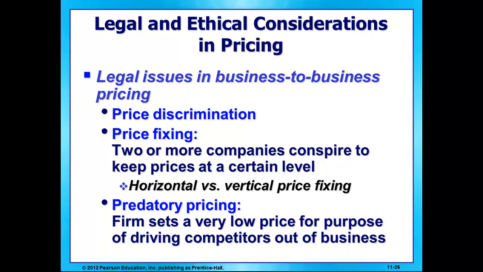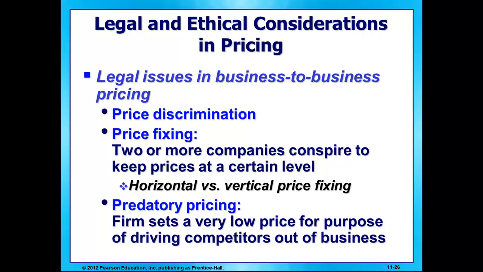Price fixing is another legal issue. There are two types of price fixing. Horizontal price fixing occurs when the price fixing is done by two companies who operate at the same level of the supply chain. So for example, in the airline industry, which is an oligopoly, if airlines conspire to set prices in particular markets, then that would be horizontal price fixing. Vertical price fixing is when a manufacturer essentially tells a retailer what price to set for the products they sell.